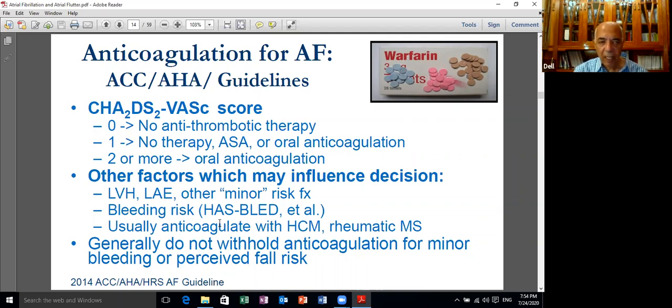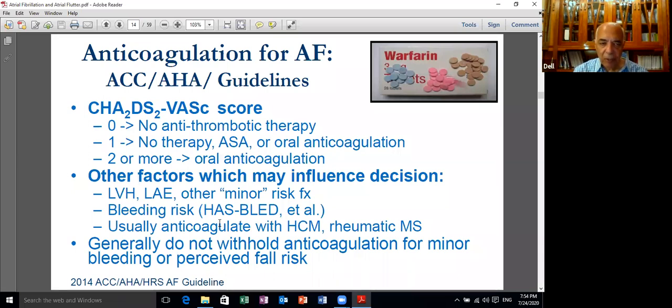You lean to give anticoagulants if there are other factors that influence your decision. Left ventricular hypertrophy, left atrial enlargement, bleeding risk, you avoid anticoagulants. But we anticoagulate certain diseases without looking for the CHA2DS2-VASc score, including hypertrophic cardiomyopathy and rheumatic mitral stenosis. There is no place for calculating the CHA2DS2-VASc score in these 2 circumstances.